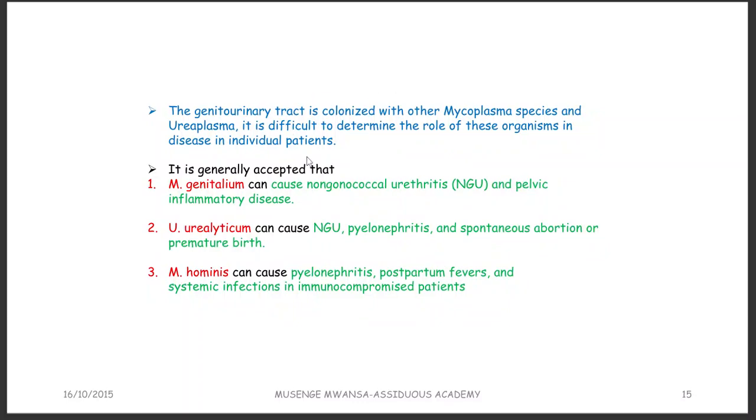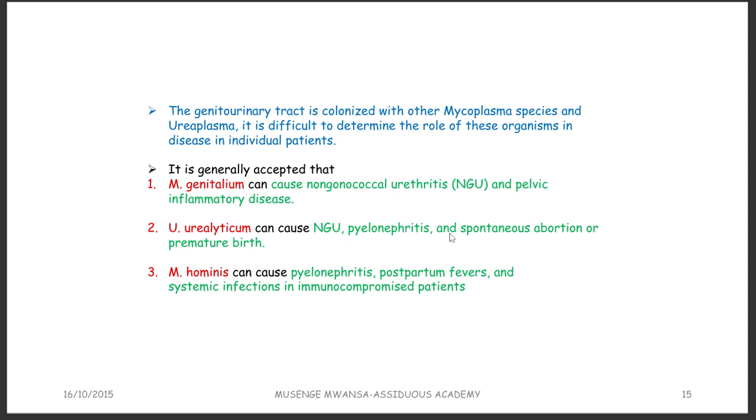Now, the genitourinary tract is going to be colonized by other mycoplasma species and ureaplasma, and it is difficult to determine the role of these organisms in disease in individual patients. Okay, really, what is the role of ureaplasma? What is the role of other species? It is generally accepted that Mycoplasma genitalium causes non-gonococcal urethritis and pelvic inflammatory disease. Ureaplasma urealyticum will also cause non-gonococcal urethritis, also pyelonephritis.